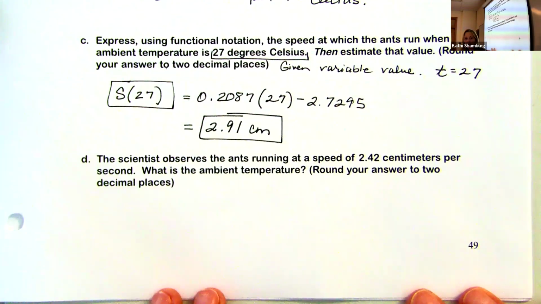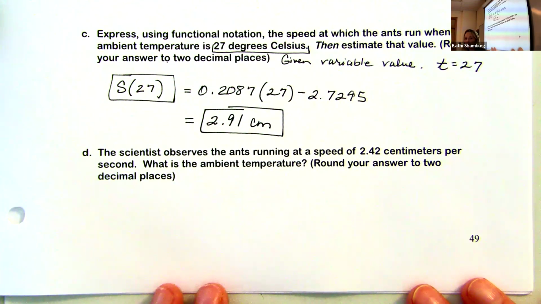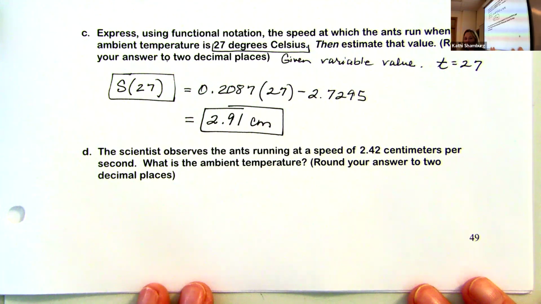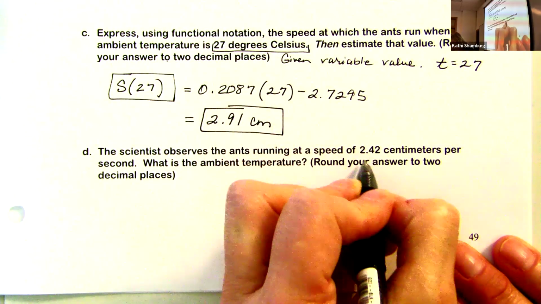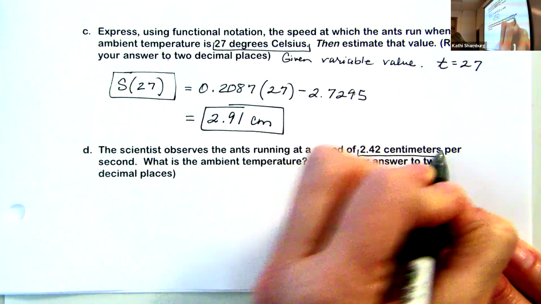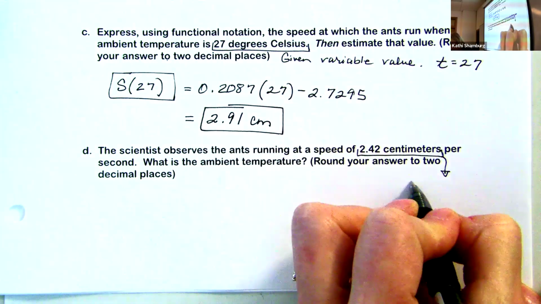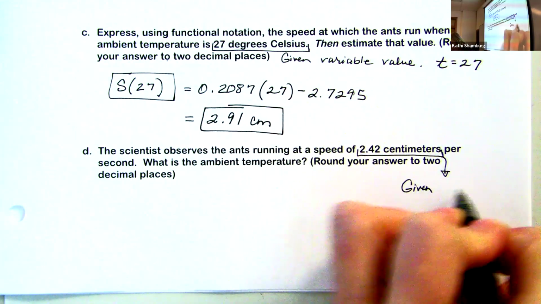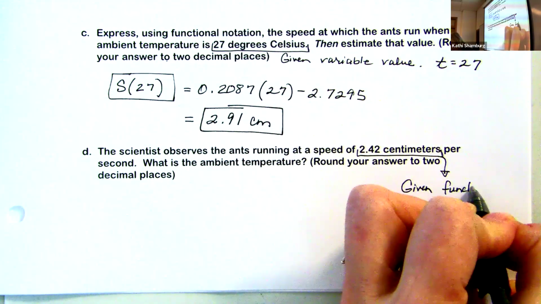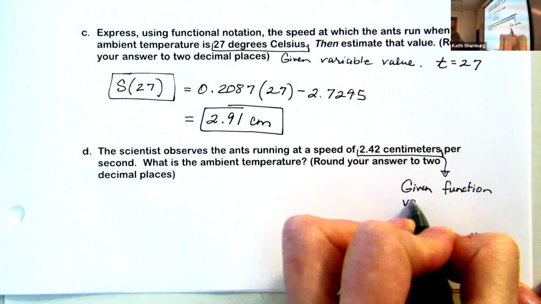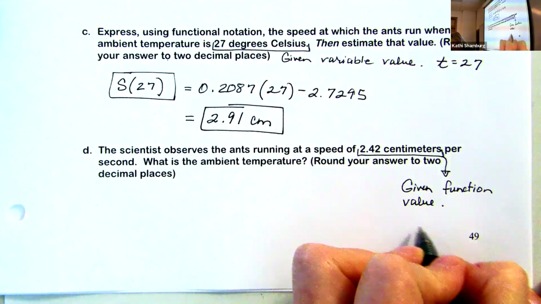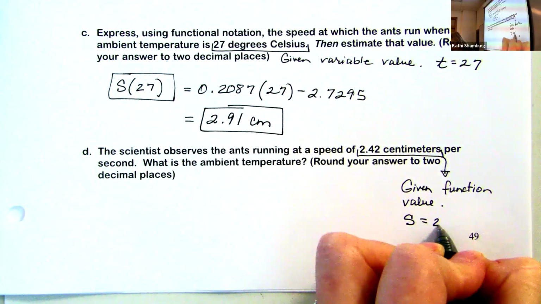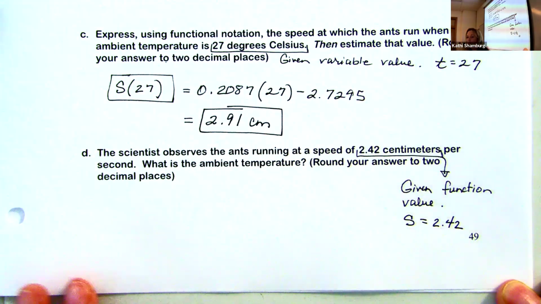All right, the scientist observes the ants running at a speed of 2.42 centimeters per second. What is the ambient temperature? Okay, so now we're given what? We're given the function value. Our function is s, so we're given s equals 2.42.